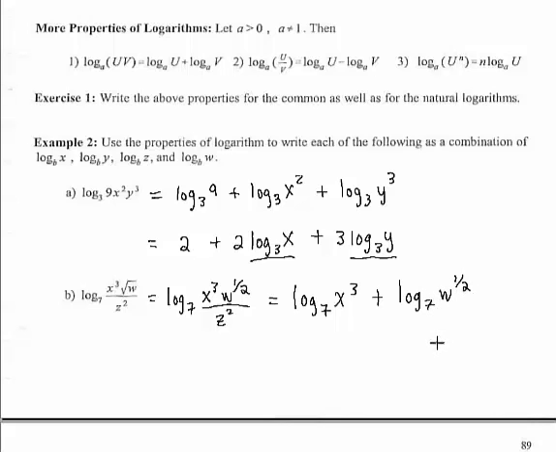Argument w to the 1/2. And now the z is dividing those two. And so in terms of log base 7 of z, we would subtract it because z squared is in the denominator of the fraction. So we would write log base 7 subtract log base 7 z squared.